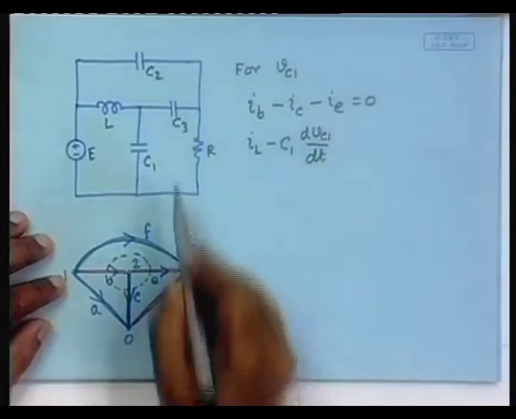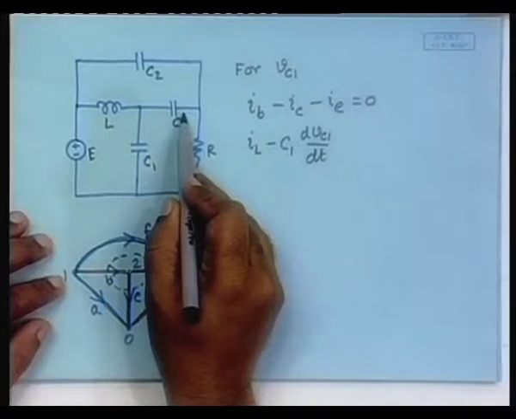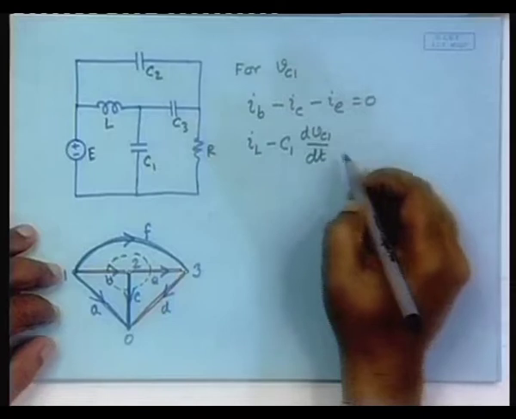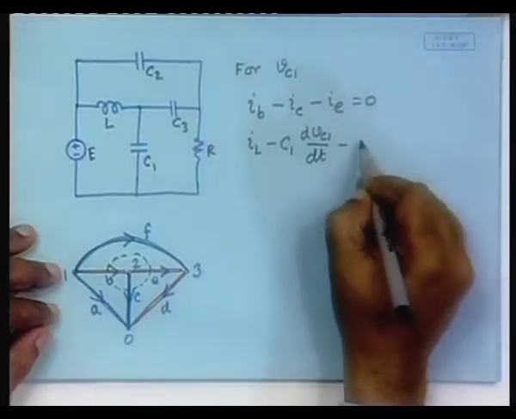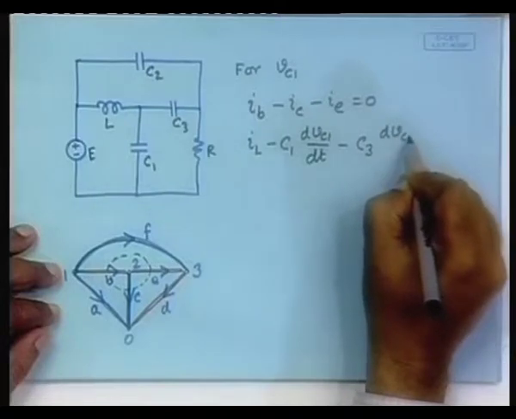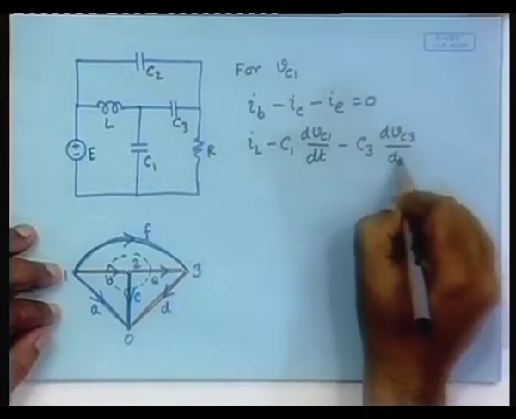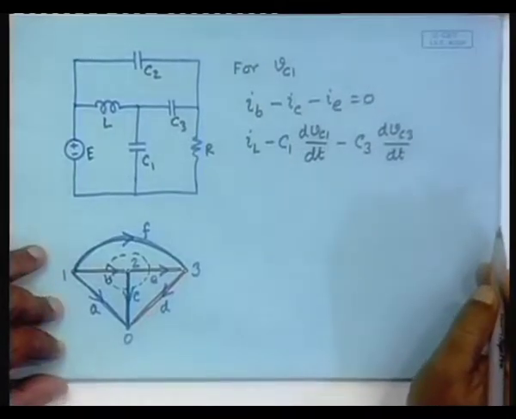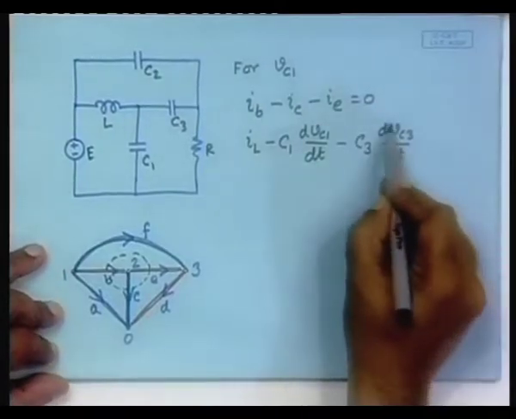IE, this one, well, we have a problem here. Nevertheless, we can write it as minus C3 dVC3/dt. Or, VC3 is not a state variable.